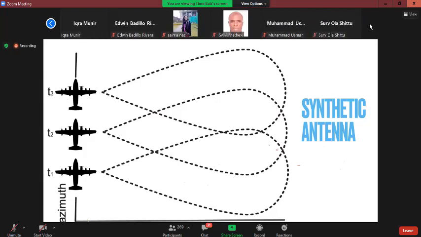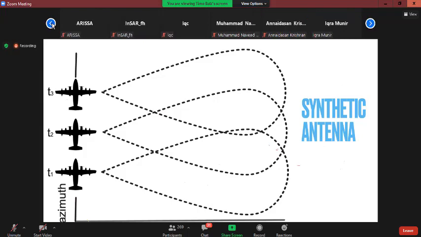And if we move it farther away, we would see it longer. So if a point is very close to the sensor, you see it only for a shorter time, so your synthetic antenna is shorter. And if the point is farther away, you see it for a longer time and your synthetic antenna gets longer. These two things just cancel each other out, so that at the end, your resolution is independent of the distance.